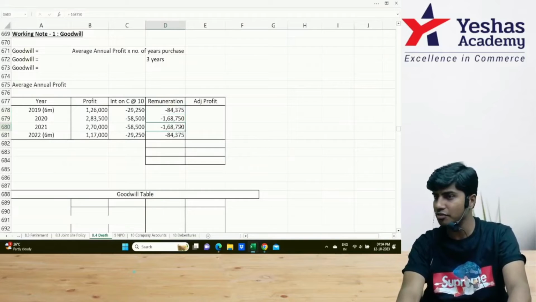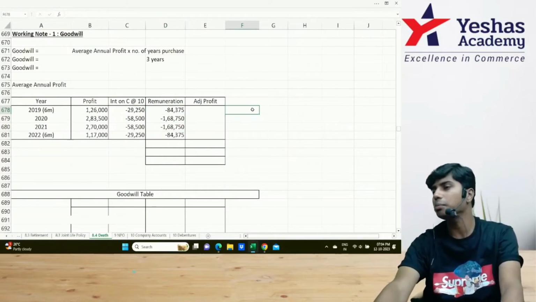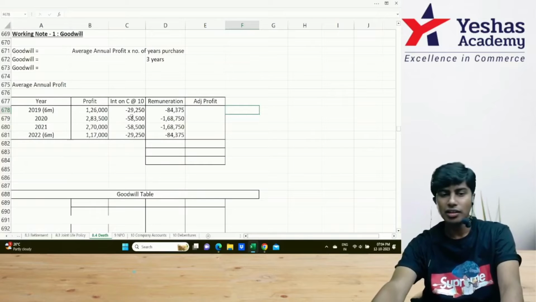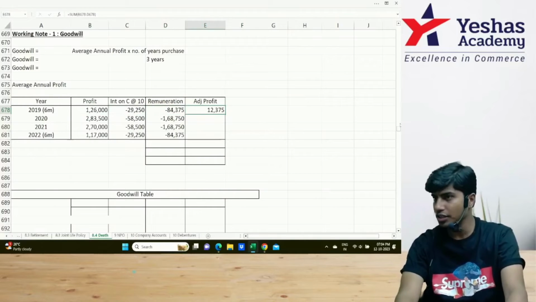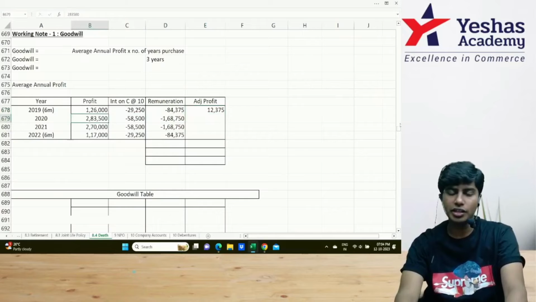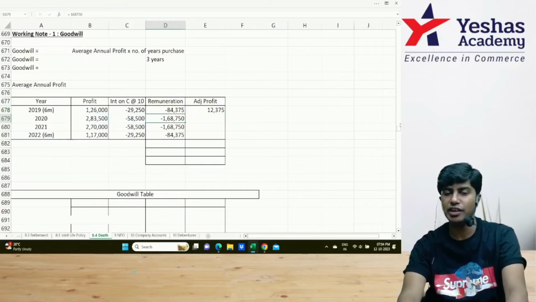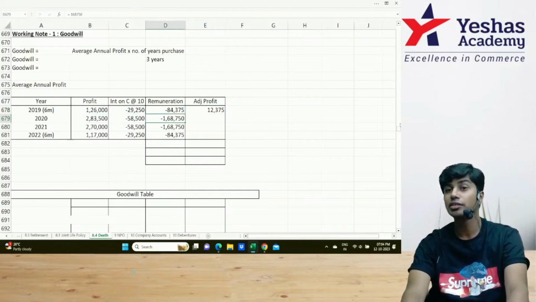1,68,750. Now find the adjusted profit. Simple or not? 1,26,000 minus 29,250 minus 84,375 gives 12,375. How about here? 2,83,500 minus 58,500 minus 1,68,750.